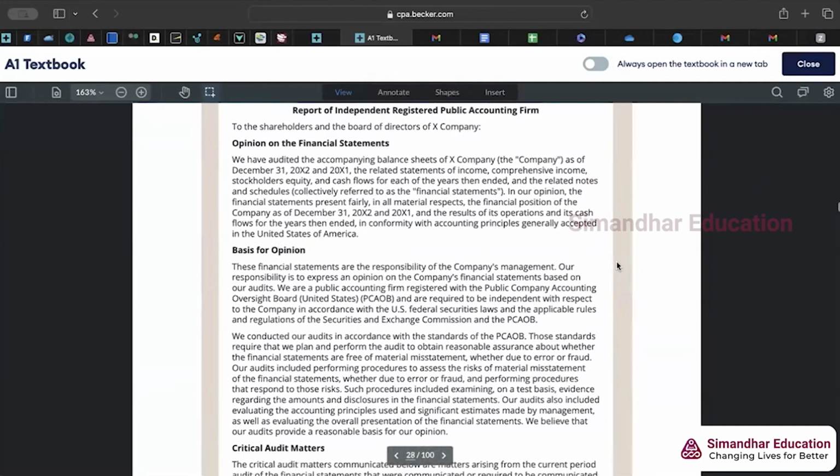Let's go to the sample report. Report of Independent Registered Public Accounting Firm to the shareholders and board of directors of so and so company. We have audited the accompanying balance sheet of company X as of so and so date and the related income statement, comprehensive income, stockholders' equity, and cash flows for each of the years then ended and the related notes, collectively referred to as financial statements. In our opinion, they are presented fairly in accordance with GAAP.